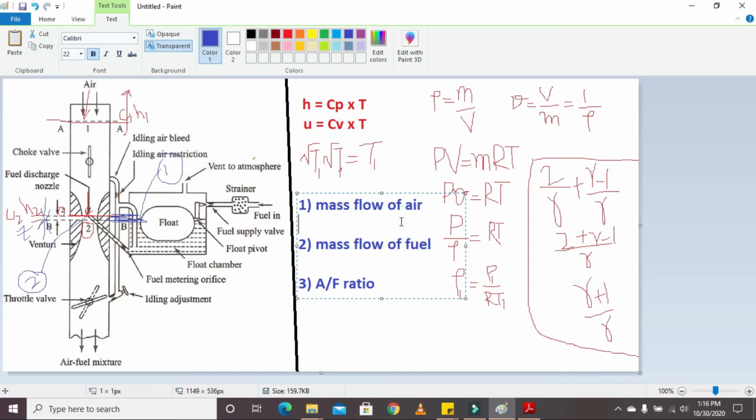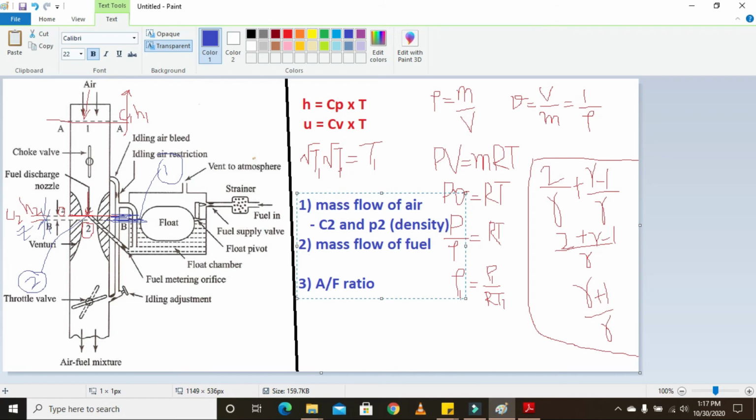But in order to determine the mass flow rate of air, you were required to calculate C2 and rho 2 as well. This is not pressure, I am talking about the density at state 2.